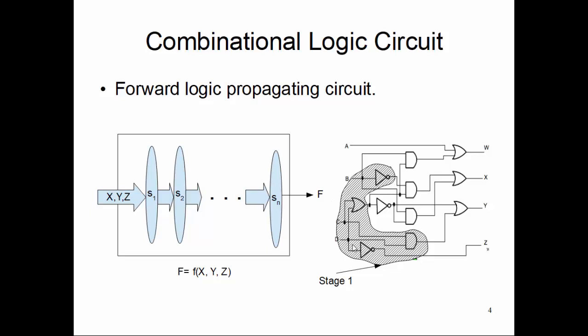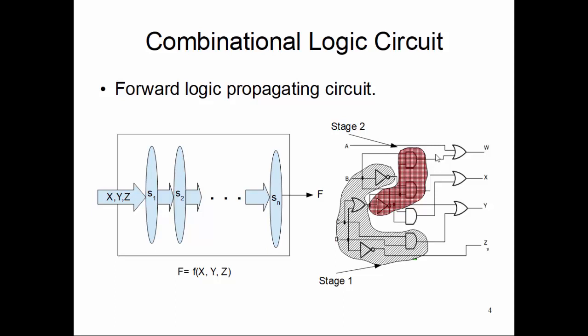This is stage 1. The first stage is where all the inputs of these corresponding logic gates come from primary inputs. And then there is stage 2, this red set of gates, whose inputs come either from the output of stage 1 or from primary inputs.